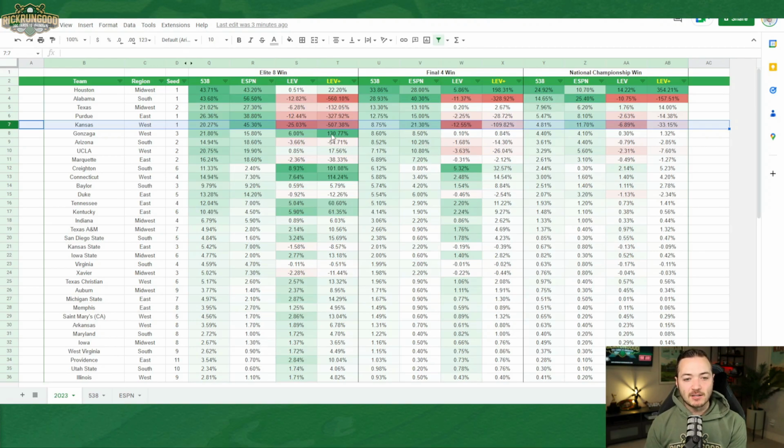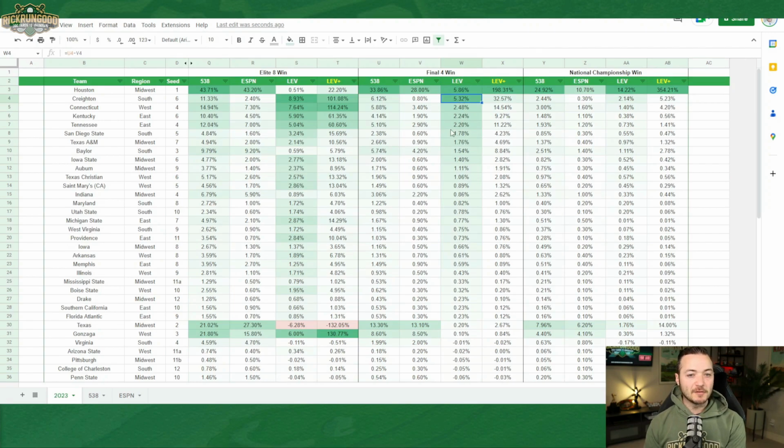Gonzaga would give us a chance to be a tiny positive on Gonzaga, leverage-wise, getting to the national title game, but it would also counteract, and basically we'd get double, because they would eventually have to knock out Kansas at some point. And Gonzaga winning their Elite Eight game and getting to the Final Four is massive leverage, because most people have Kansas going to the Final Four. So I believe I'm going to settle on Gonzaga here.